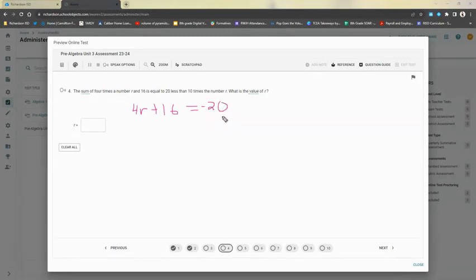This is the one that most students got messed up. Than 10 times the number r. What is the value of r? So the sum of 4 times the number and 16 is equal to 20 less than 10 times the number r. So that's how this equation would look, and then we'd have to solve it.